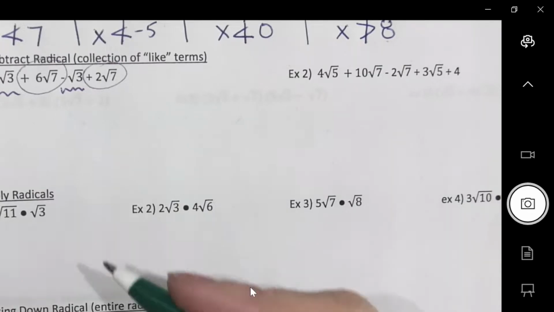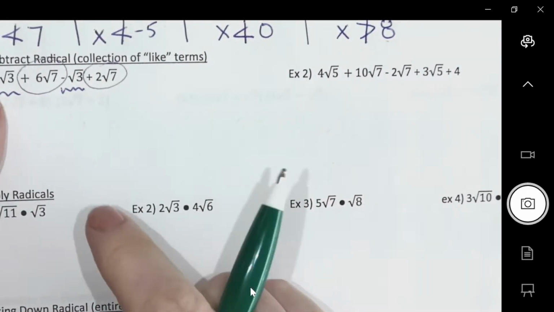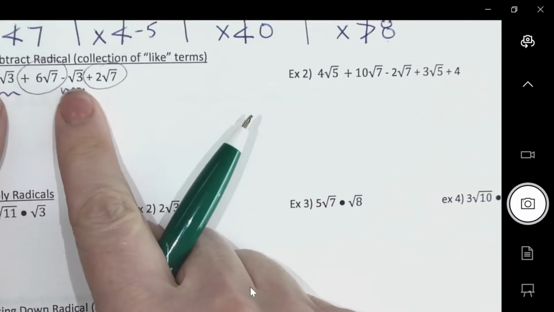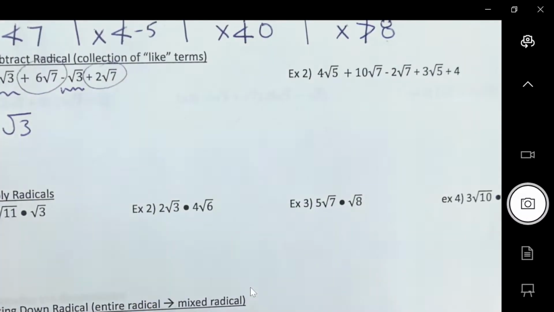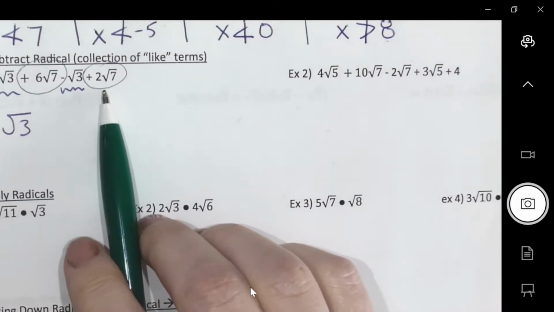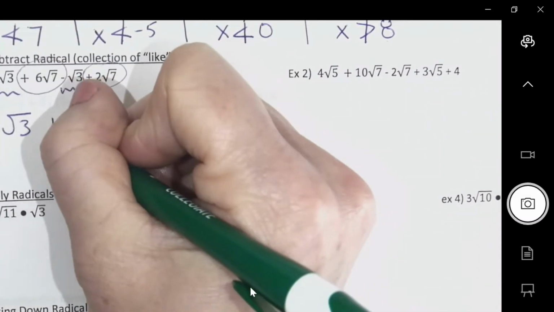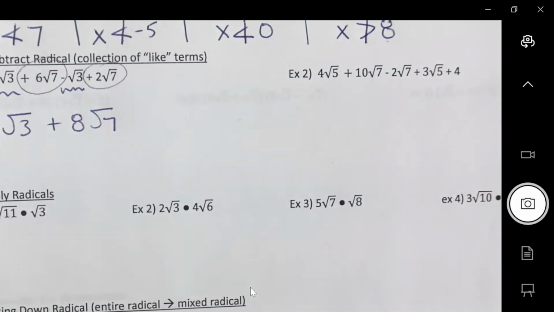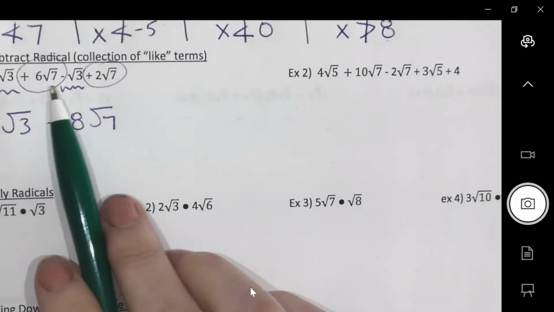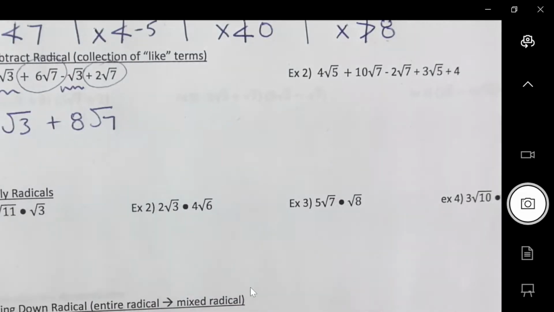And so I get 2 root 3 subtract 1 root 3 makes 1 root 3. 6 root 7's plus 2 root 7's make 8 root 7's. Okay, so it's just like saying 6x plus 2x is 8x. Same kind of idea if you're thinking.